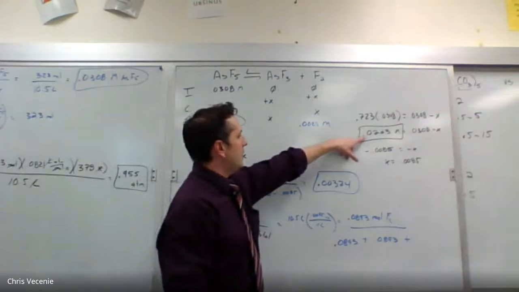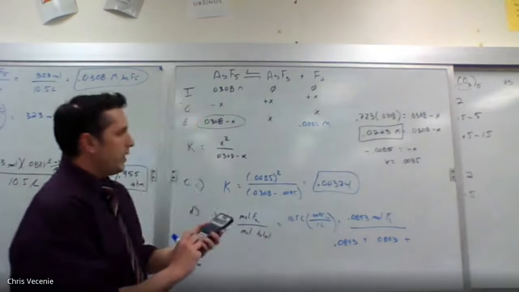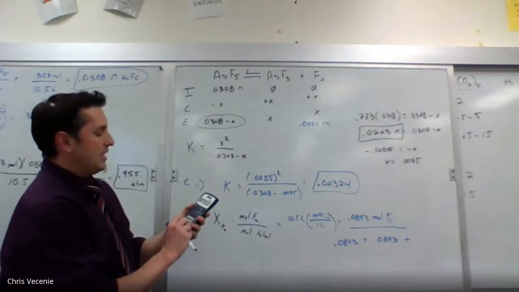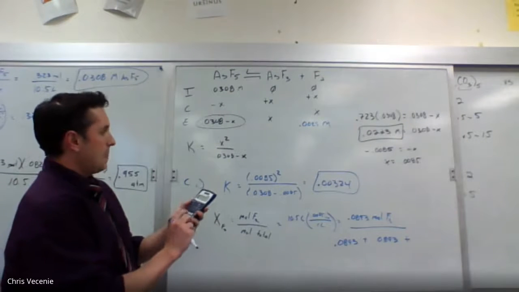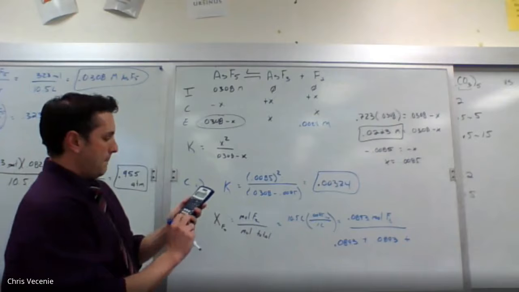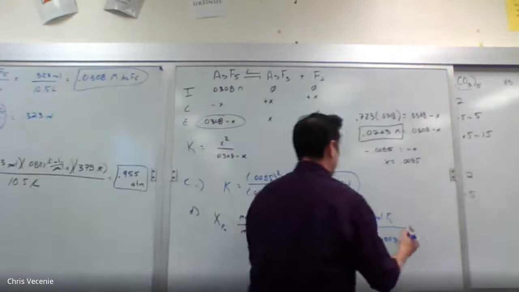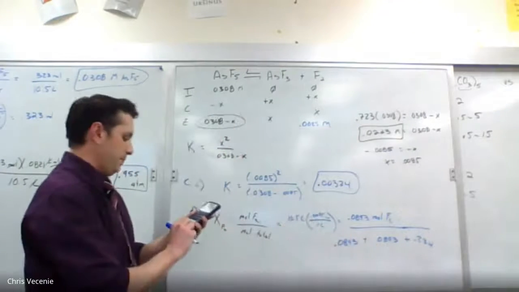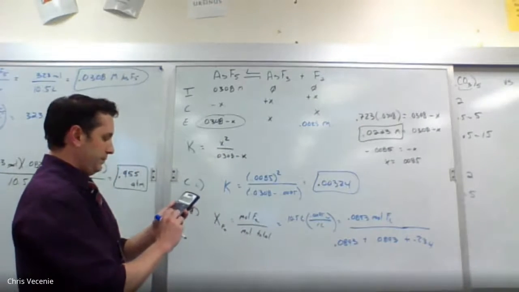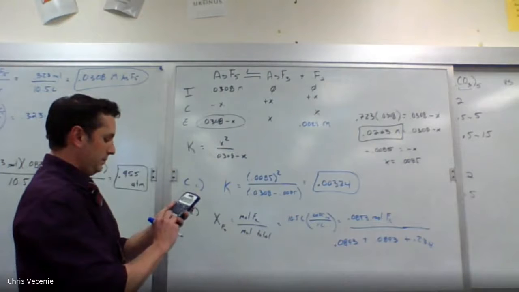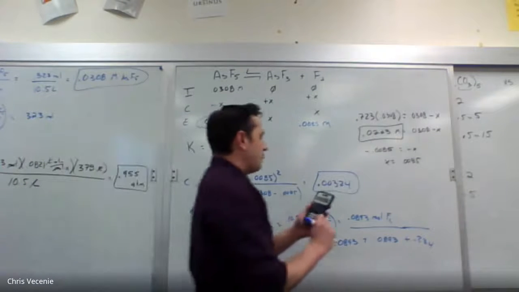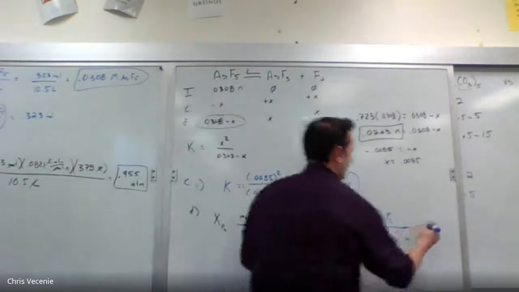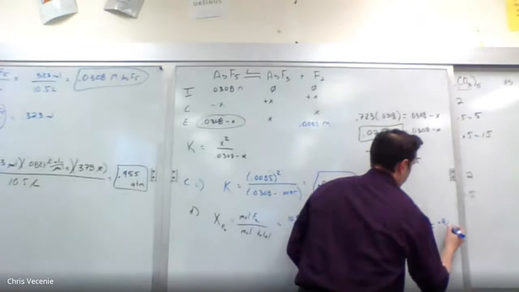So you know what he was at equilibrium, the 0.0223. You just have to make it be moles by multiplying it by the 10.5 liters. You do that up, you get 0.234. And then you do your math to finish up. If you do that, you're going to get 0.216 for your mole fraction.